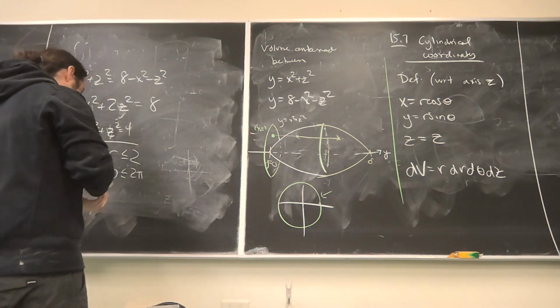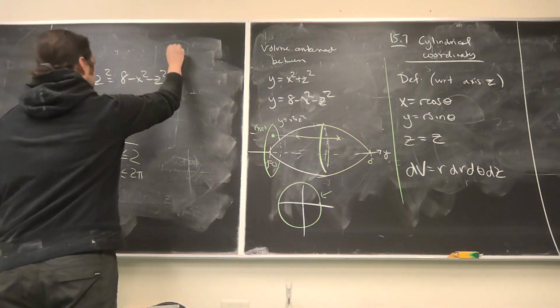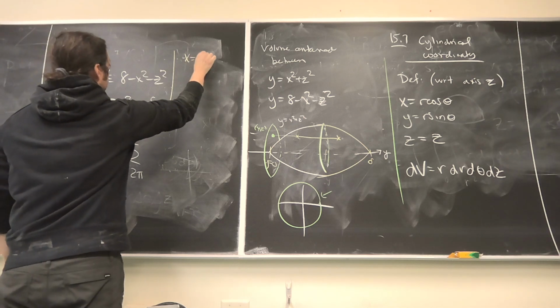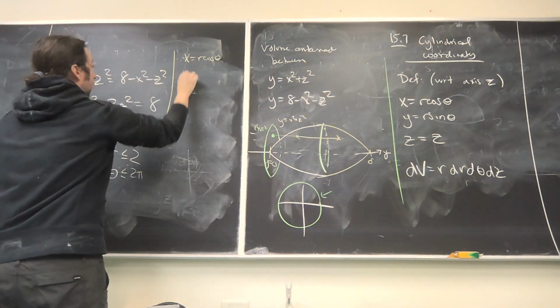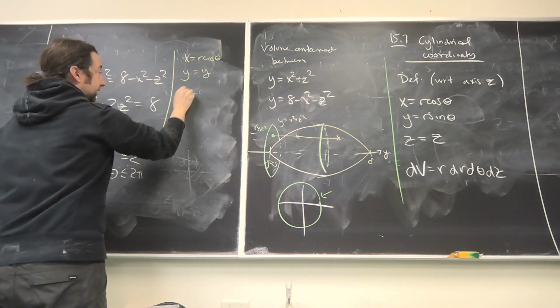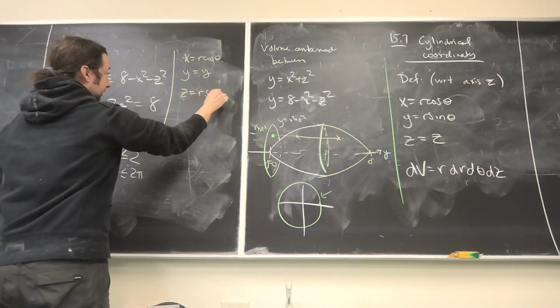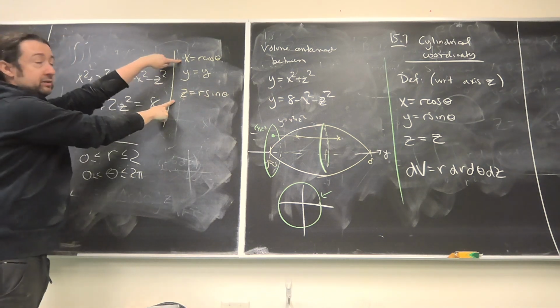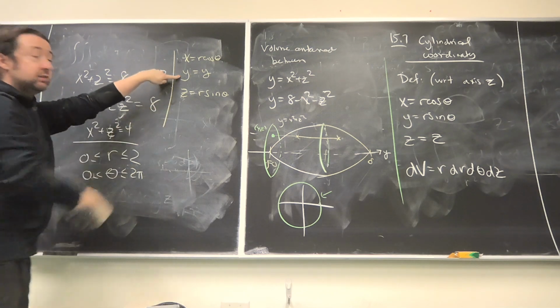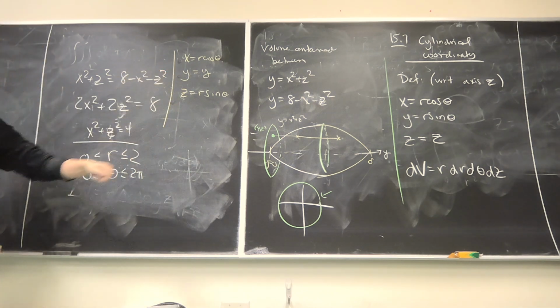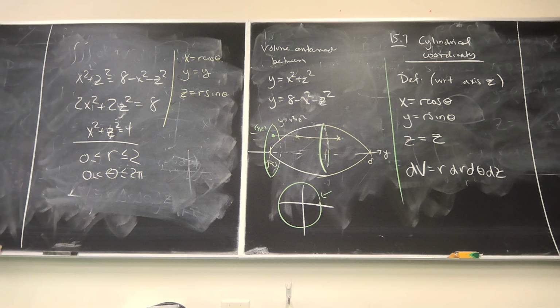So what I mean is, I want to use the coordinate system x is equal to r cosine theta, y is equal to y, and z is equal to r sine theta. These are the coordinates that I'm thinking of as the polar coordinates, and this is our axis, or our height variable this time. I can reorient cylindrical coordinates to be in line with the axis of the cylinder.